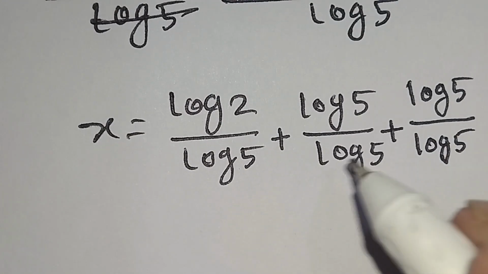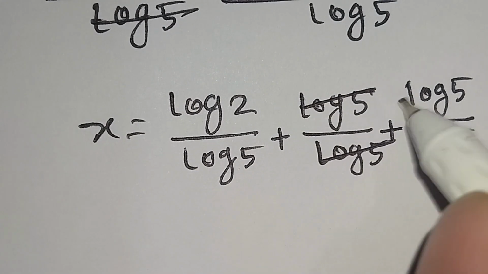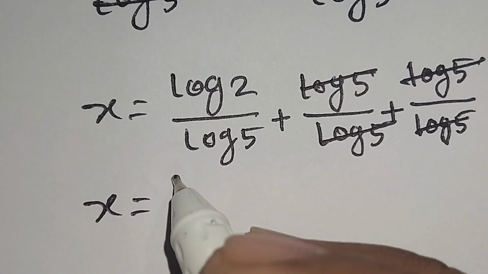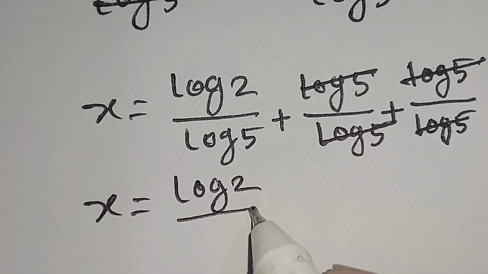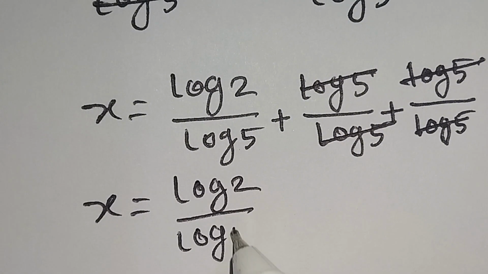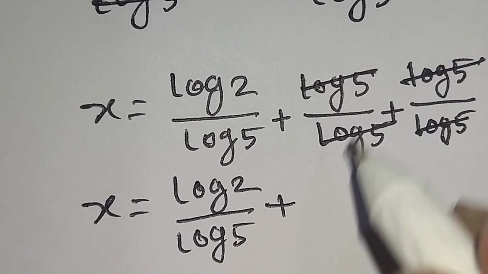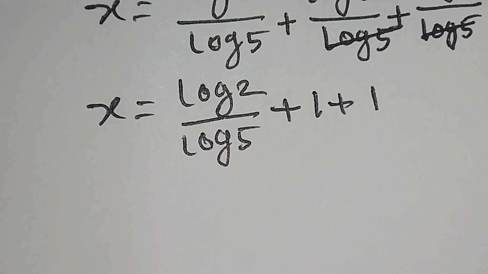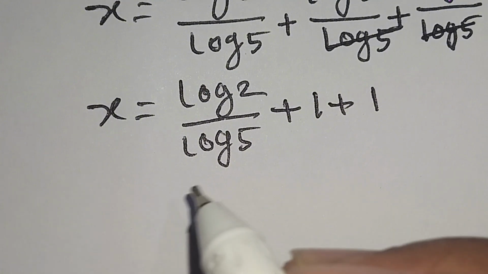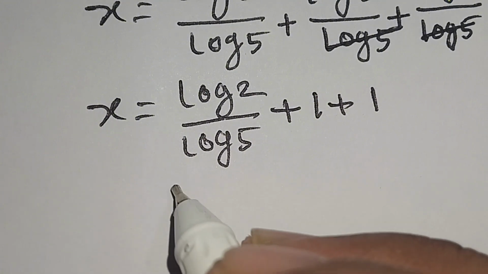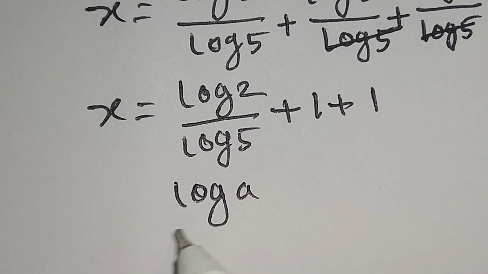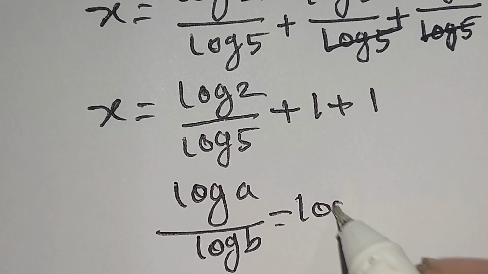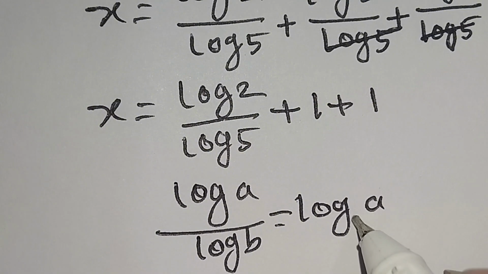Here this log 5 cancels, this log 5 cancels. Here x is equal to log 2 over log 5 plus 1 plus 1. We know another log property, which is log a over log b is equal to log a to the base b.